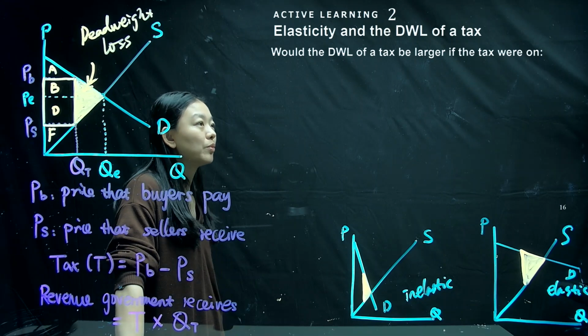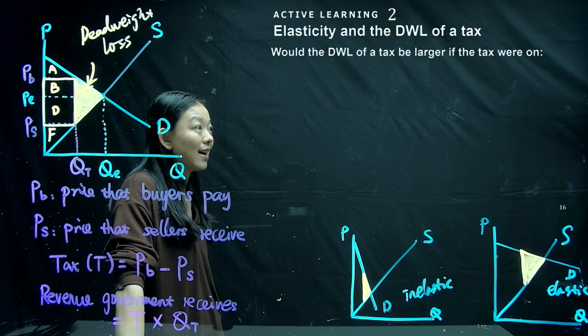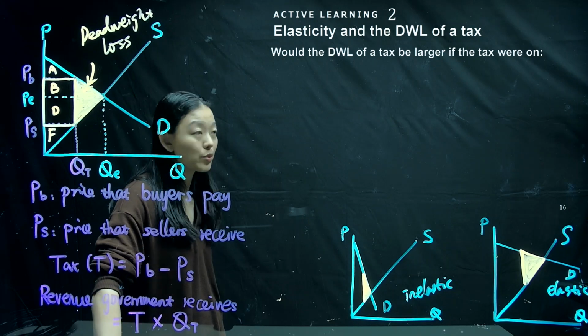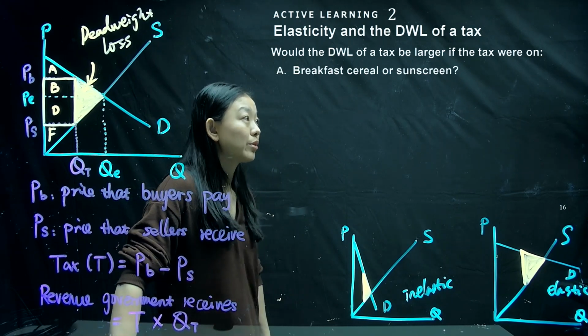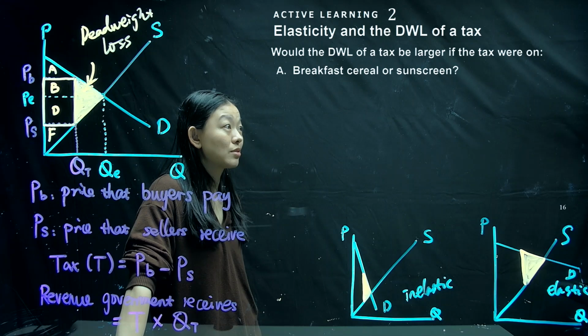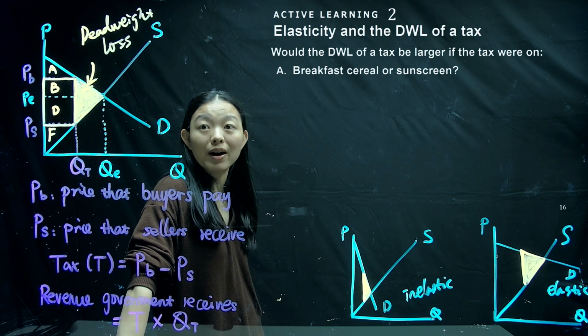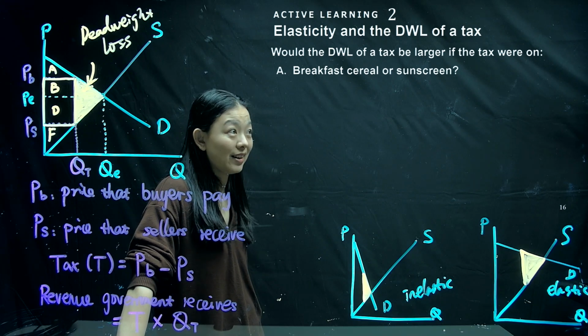So let's look at one practice question. Is the deadweight loss of the tax larger for these products? Breakfast cereal or sunscreen? Which one will result in larger deadweight loss? Breakfast cereal and sunscreen we talked about before. Which one has more elastic demand?